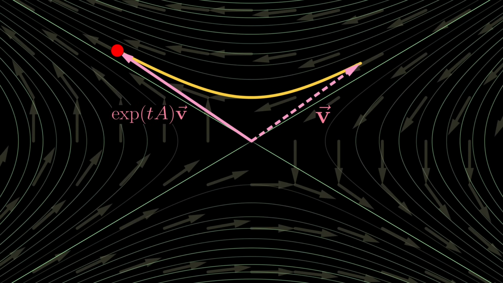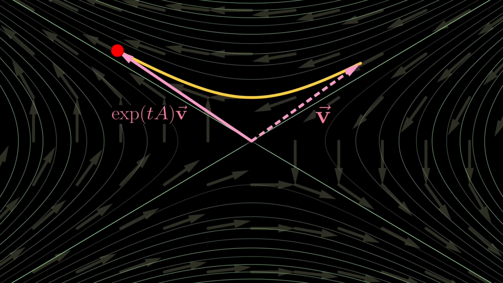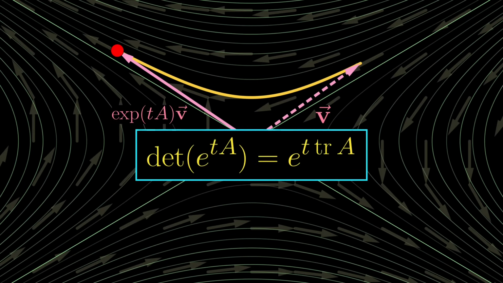This idea of exponentiating matrices viewed as vector flows has been presented on 3Blue1Brown's channel as well. In fact, equipped with this intuition of matrix exponentials, it is possible to intuitively understand this exponential relationship between determinant and trace. But of course, we need to understand the intuition of trace first. Again, that's a story for another time.